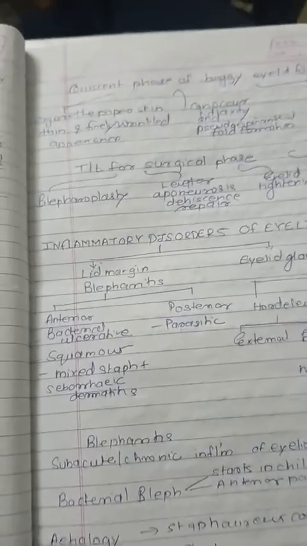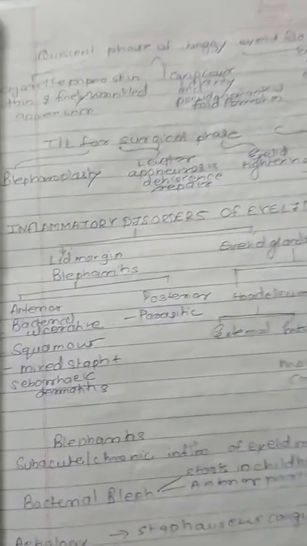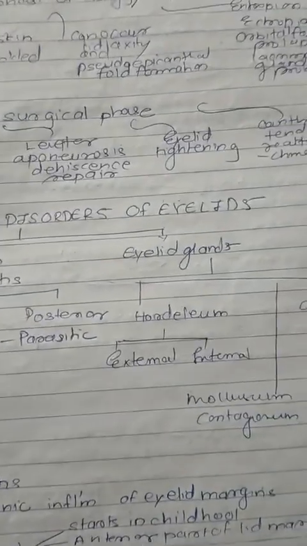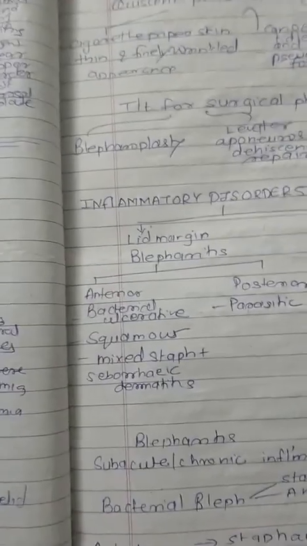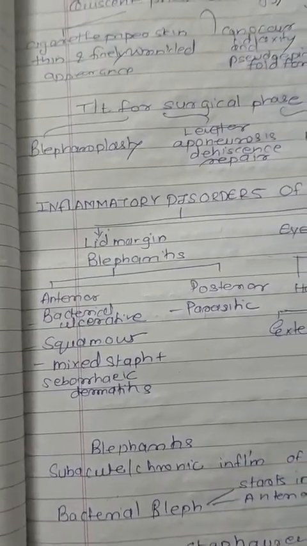Now we come to our main topic, that is inflammatory disorders of eyelids, which we classify as disorders affecting the lid margin and disorders affecting eyelid glands. Disorders affecting the lid margin include blepharitis, in which there is an anterior and posterior division.